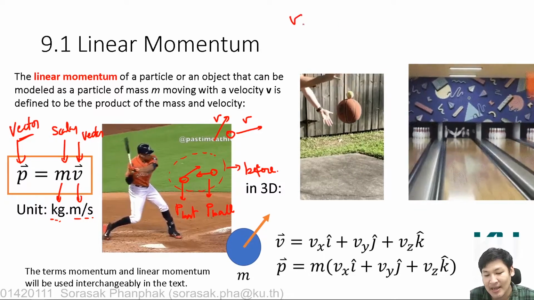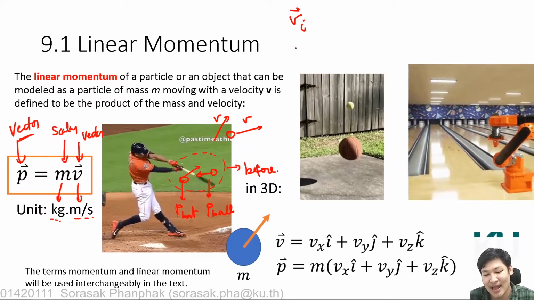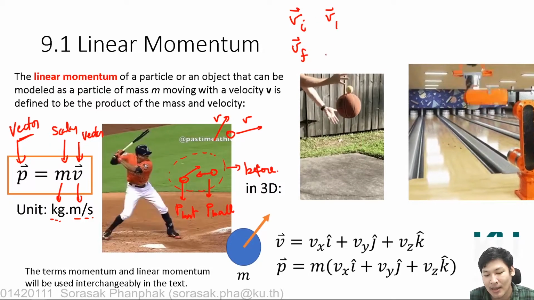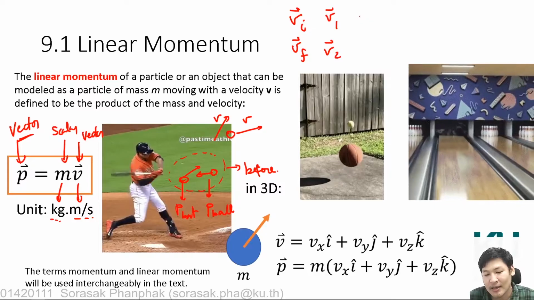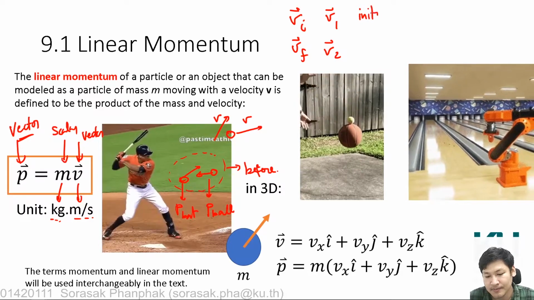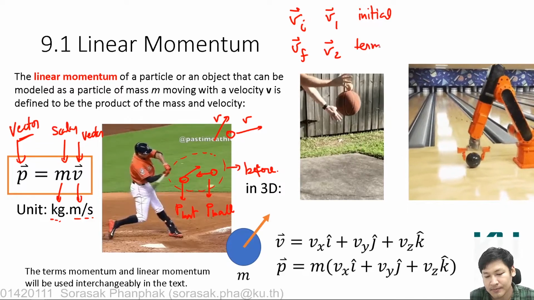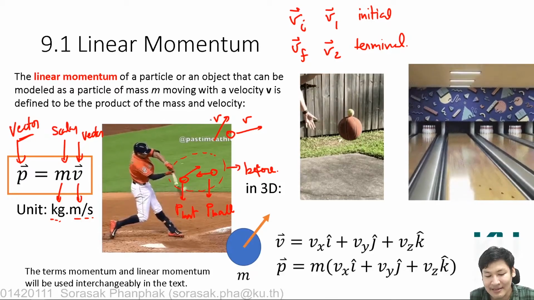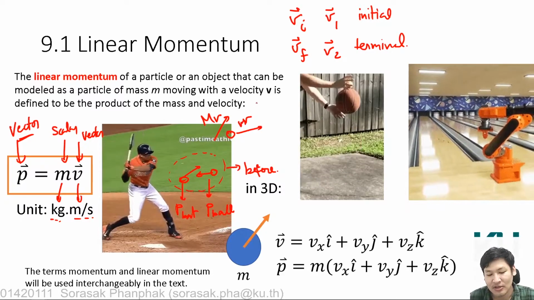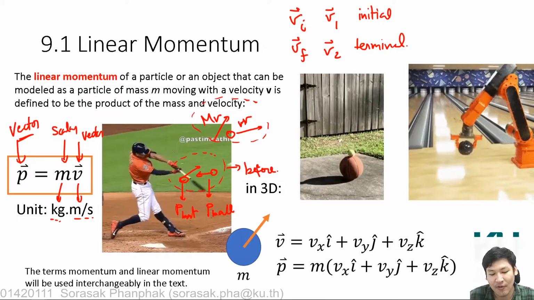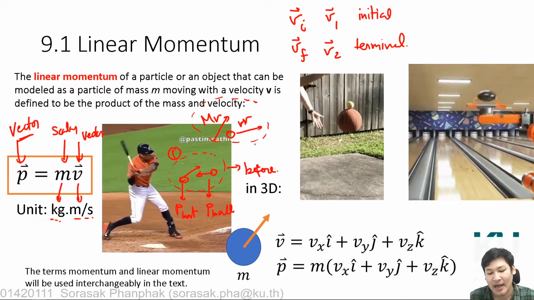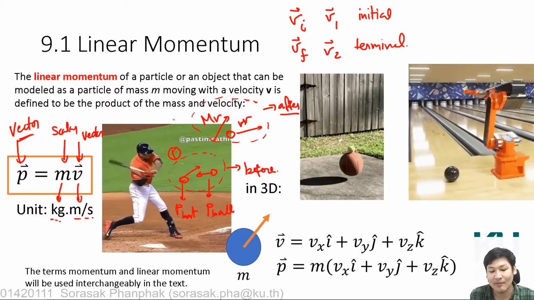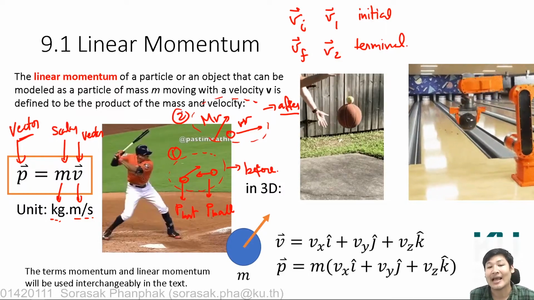We write the initial velocity as Vi and the terminal velocity as Vf, or we may use V1 and V2 for the initial and terminal states. Summing with the mass, the total momentum before the collision and the total momentum after should be exactly the same.